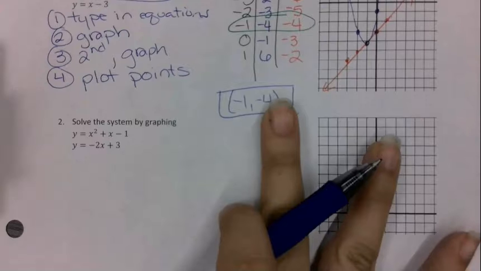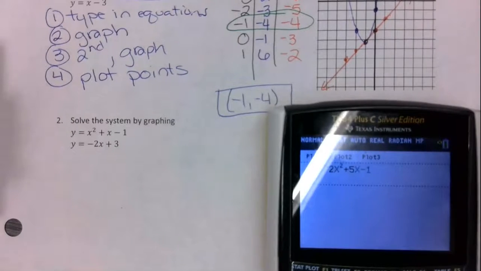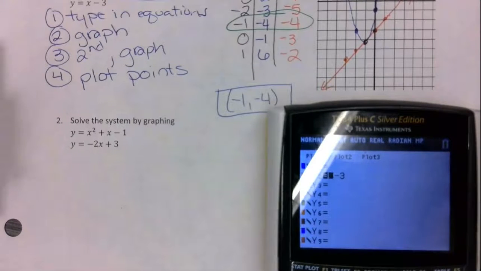Okay, so now I'm going to go on to the second one. I want to go back to y equals, and I'm going to change these to my new equations.